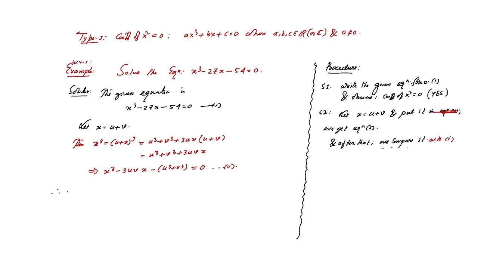So comparing 1 and 2, what we get? Just compare: 3uv equals 27, and u cube plus v cube equals 54. So comparing with the given equation, you will see uv and u cube plus v cube. Now we move to step 3.